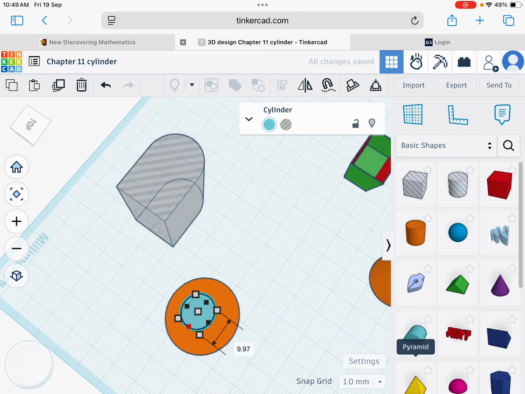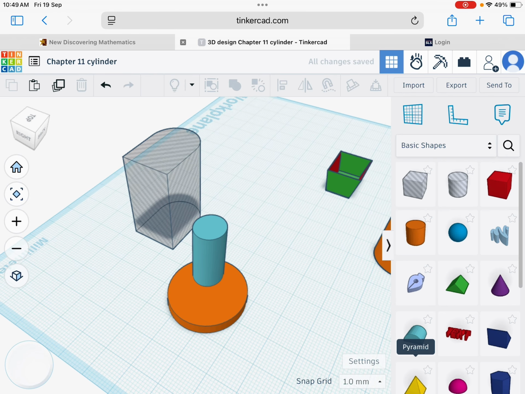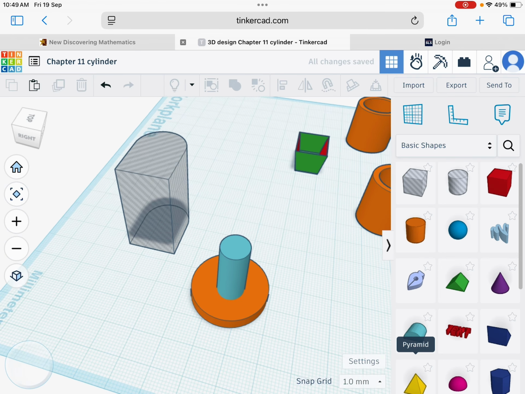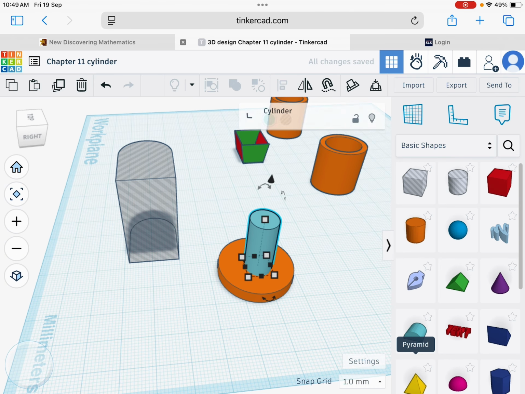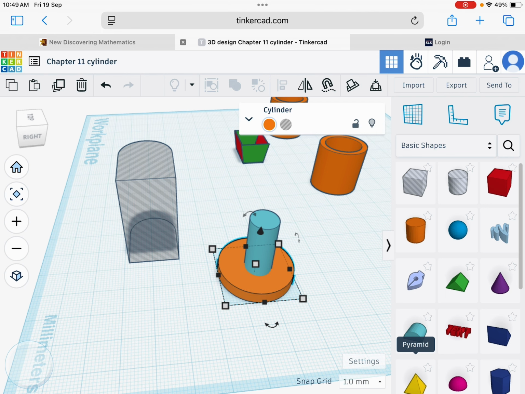Sorry, trying to move this to the center. If you want to find the volume, it's very simple. It is just finding the volume of this cylinder and this disc. Find the area of the base shape, which is the circle, times the height. Then the base shape of the other circle times the height.